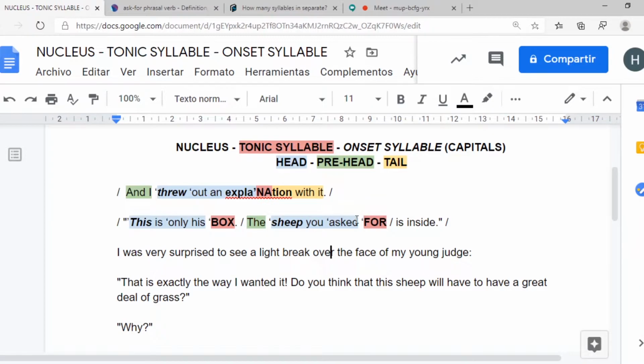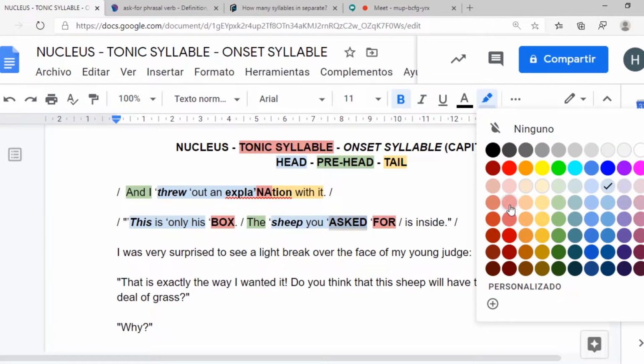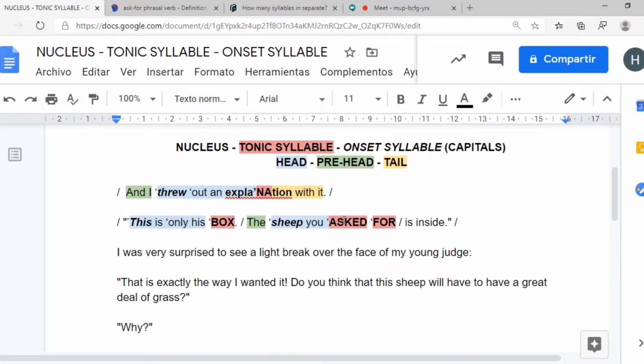And that's all for this utterance. If you marked, for example, asked as your nucleus, because this is your actual final lexical item, you will mark it like this, and then you will have the tonic syllable, because this is a monosyllabic word too, and then for will be your tail.